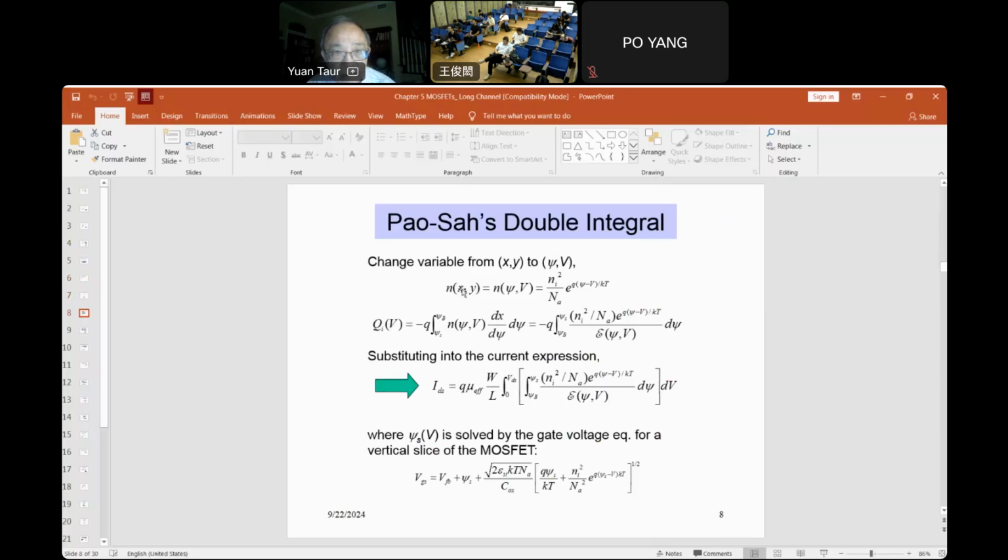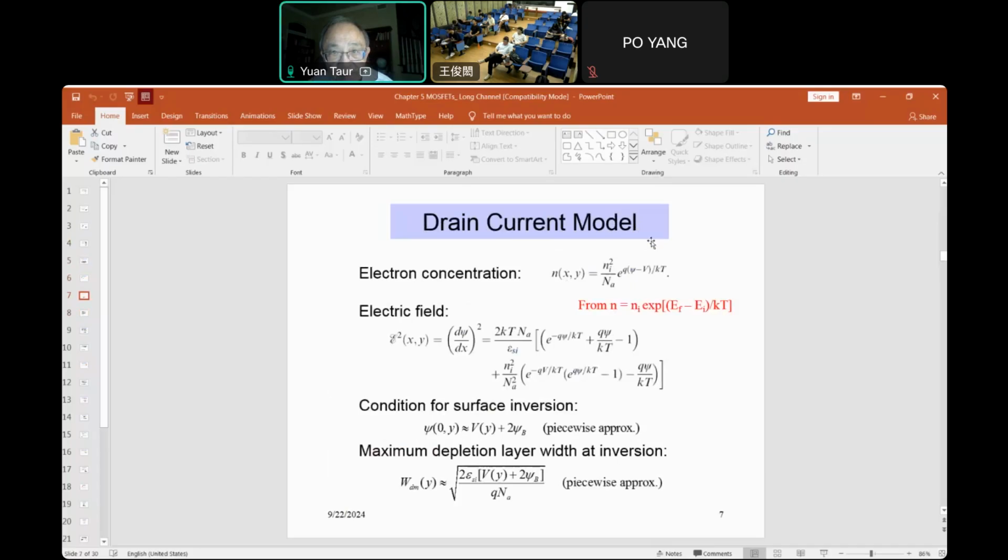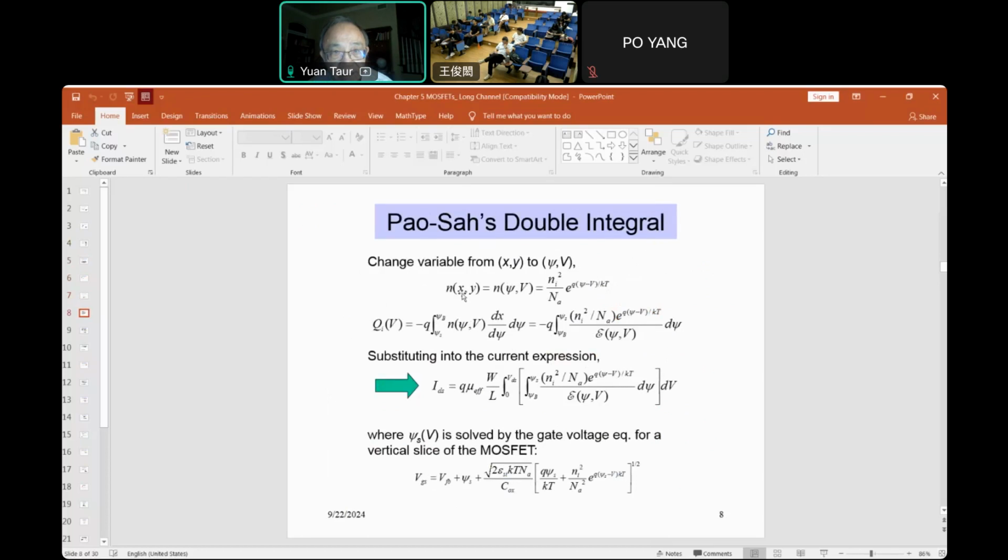So n, the electron density as a function of the point x, y, is given by that. But we know y and v are interchangeable, and psi is a function of x and y. So n as a function of x, y can be considered as n as a function of psi and v, because that's much easier. So that expression becomes like that.